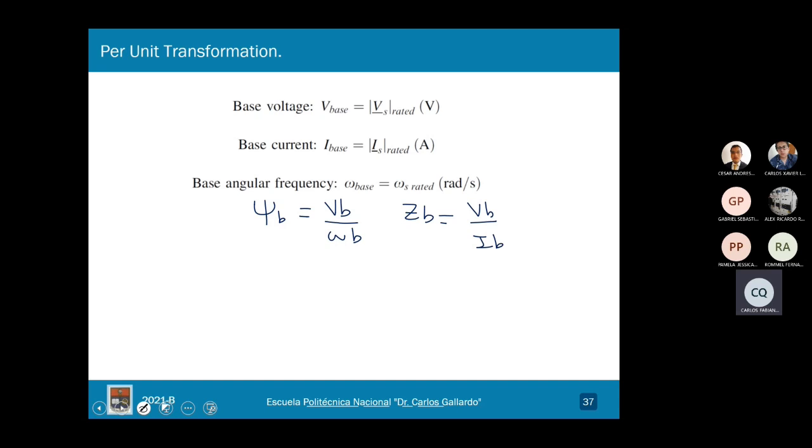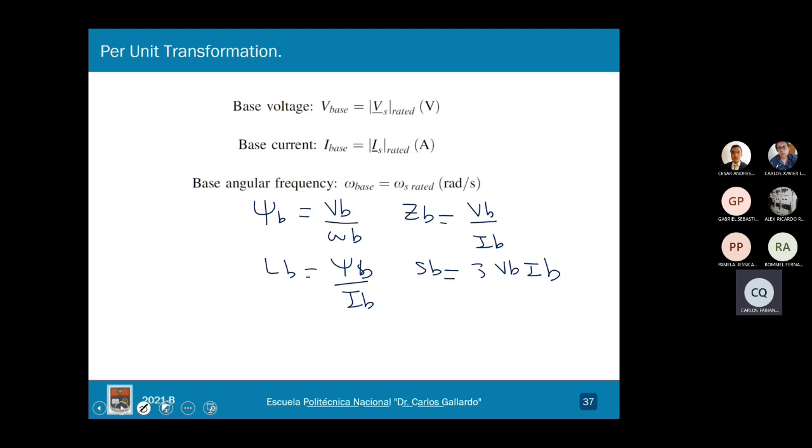The base inductance is equal to the base flux over the base current. The base complex power is equal to 3 times the base voltage times the base current.